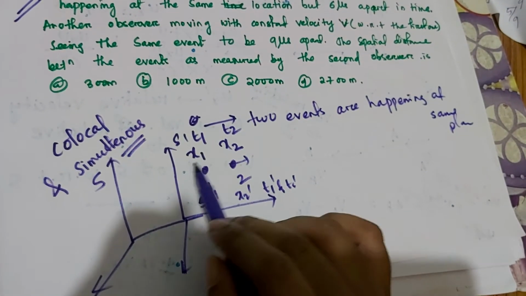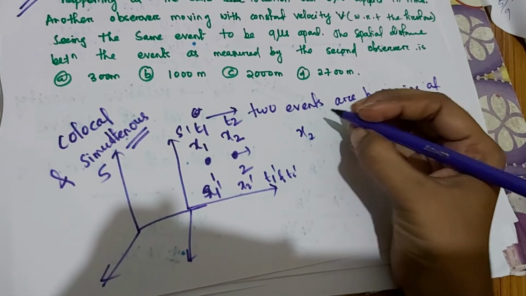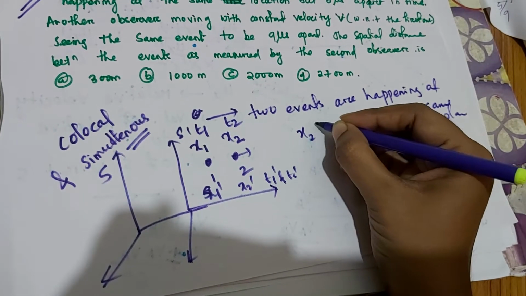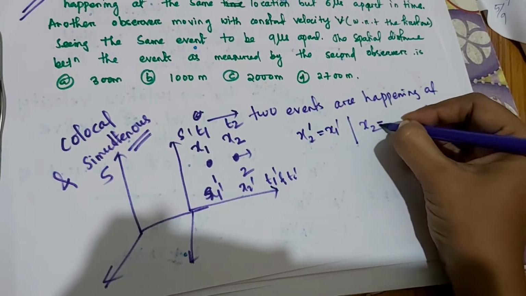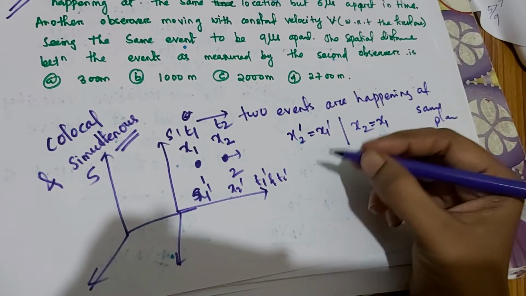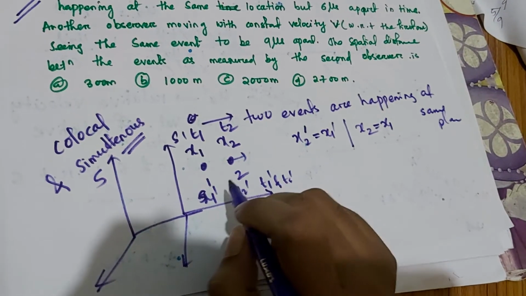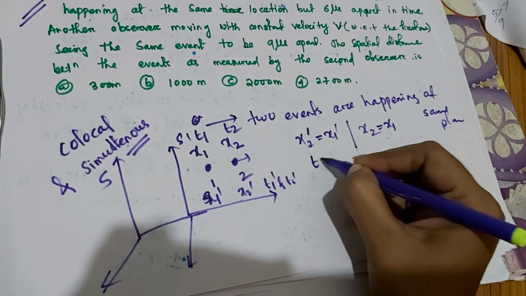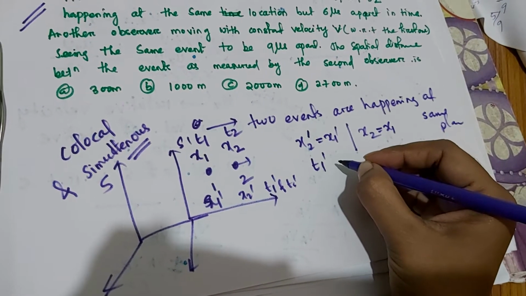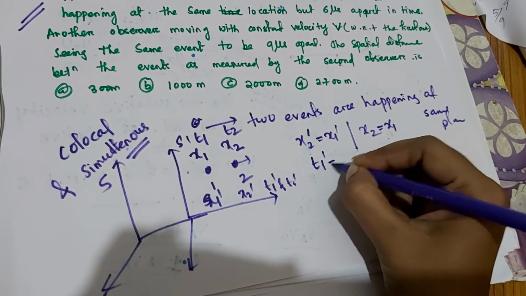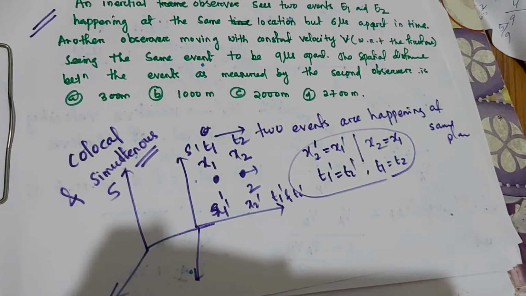When we say these are happening at the same place, that means x2 prime equals x1 prime, or according to the case x2 equals x1. When happening at the same time, that is simultaneous, the separation in time will be equal to 0. That means t1 prime equals t2 prime, or t1 equals t2. These are the two cases.